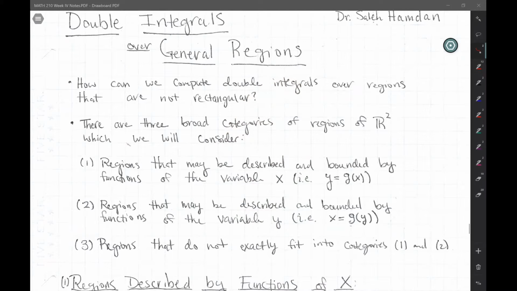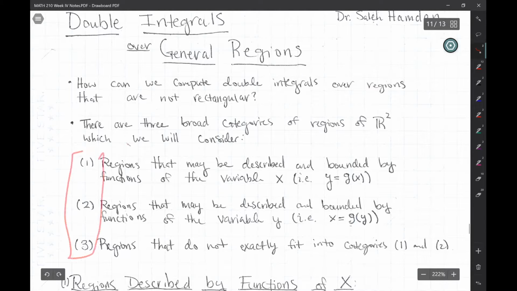But now we want to talk about regions that are more general than rectangular regions, and they'll fit into three broad categories. The first category involves regions that may be described and bounded by functions of the variable x.